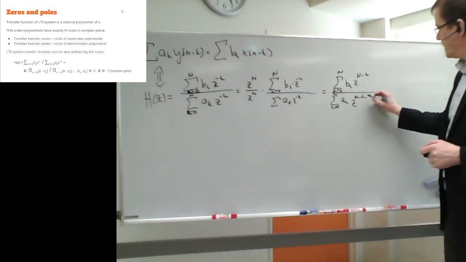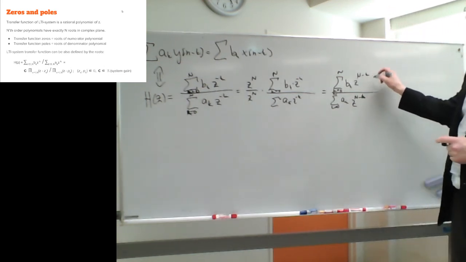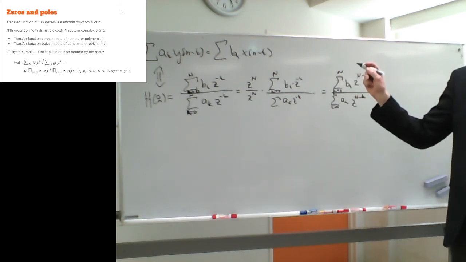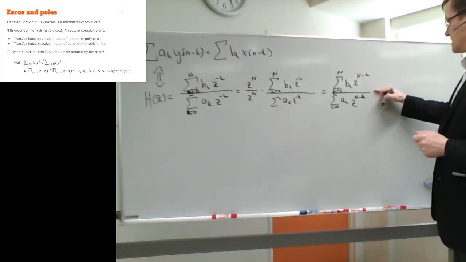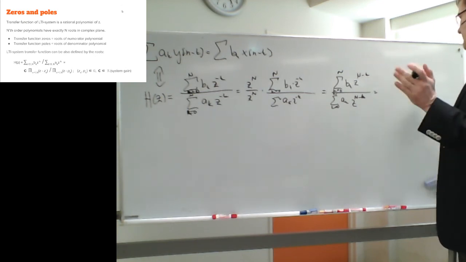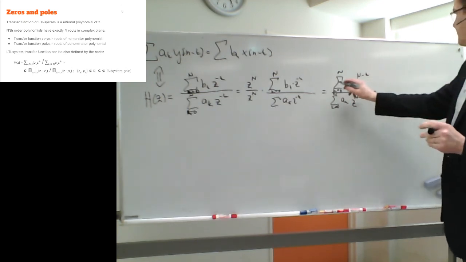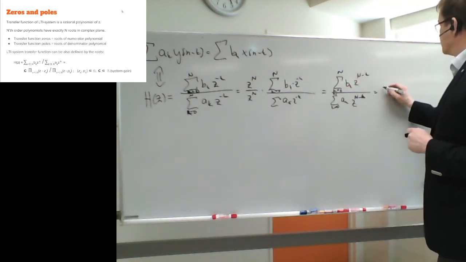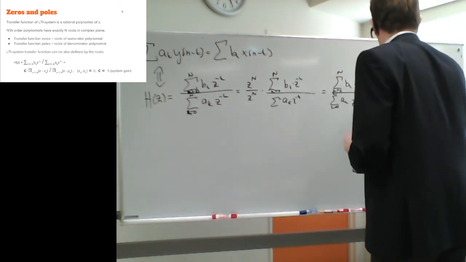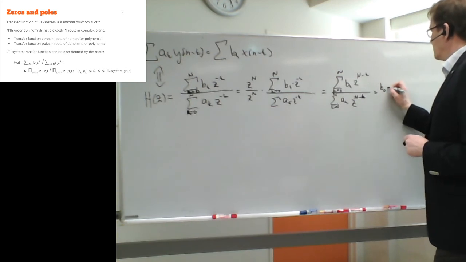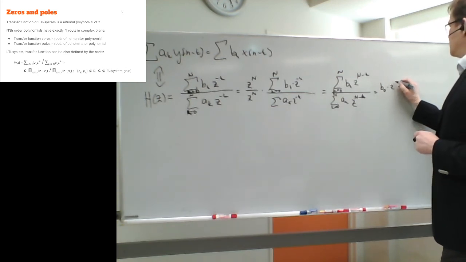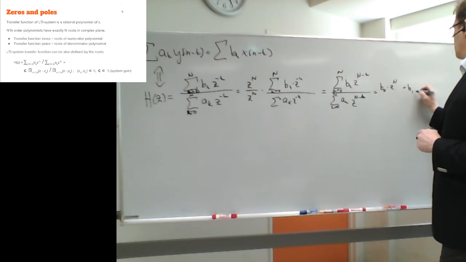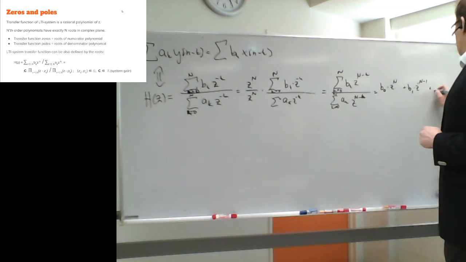What I did is just to make sure that the exponents are positive in the polynomials. Then this is exactly the same as the highest polynomial, actually b0 times z to the n plus b1 times z to the n minus 1 plus, and so on.